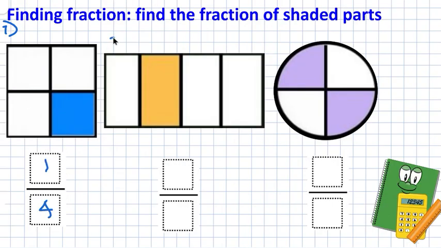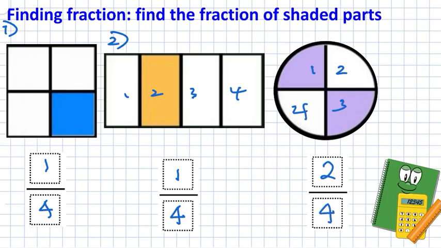In this second one, we have 1 shaded part, and the total parts here, 1, 2, 3, 4, is also 4. In this case, we have 2 shaded parts, and the total parts here is also 4. So this is how we write a fraction from a diagram.